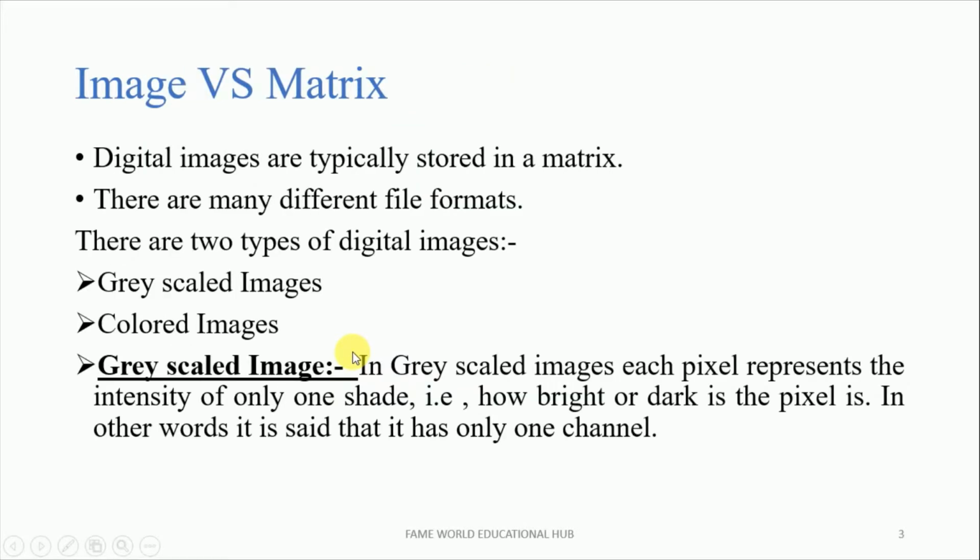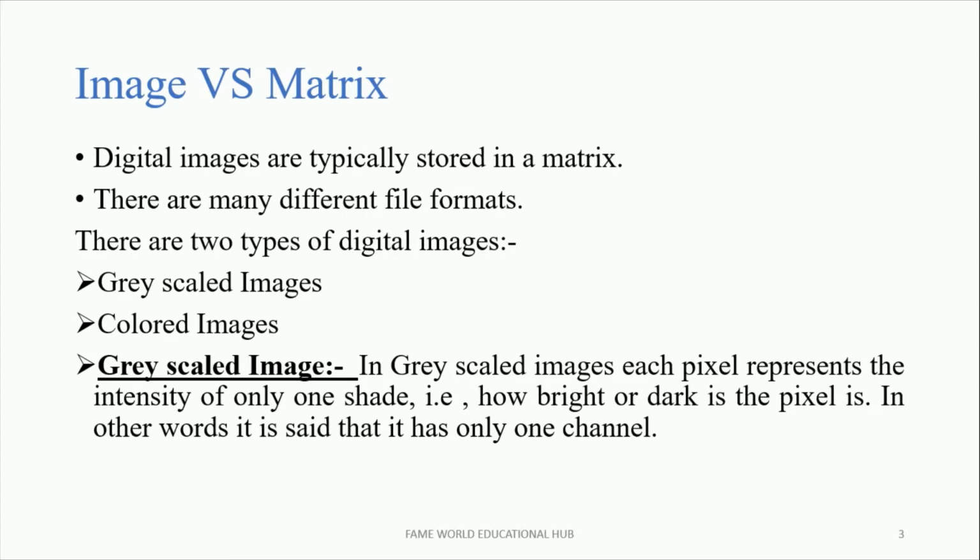Now let's talk about image versus matrix, because when we are talking about the OpenCV module, as it is an image processing library in Python, we have to understand the images also. When you have to deal with images, you have to convert the image into matrix format, because digital images are actually stored in the matrix format.